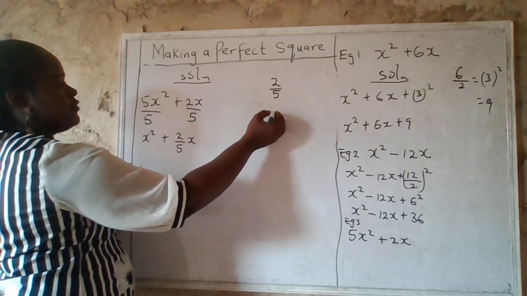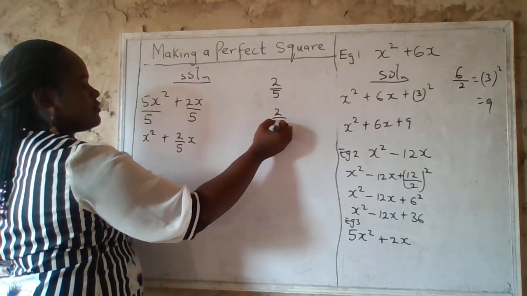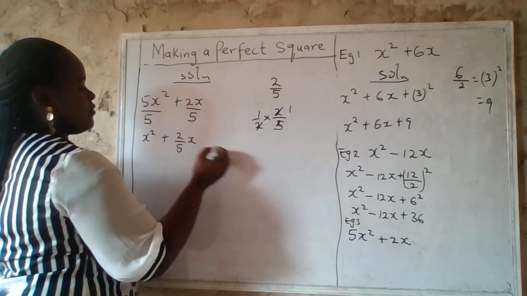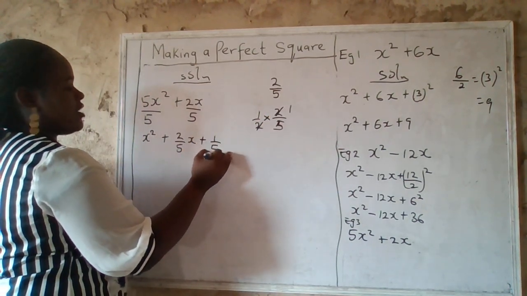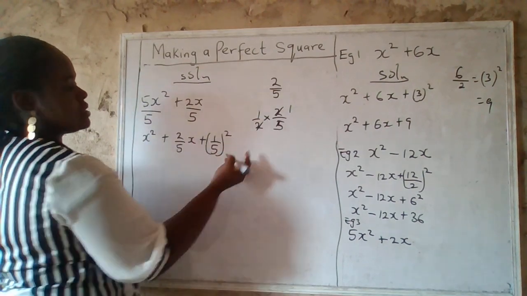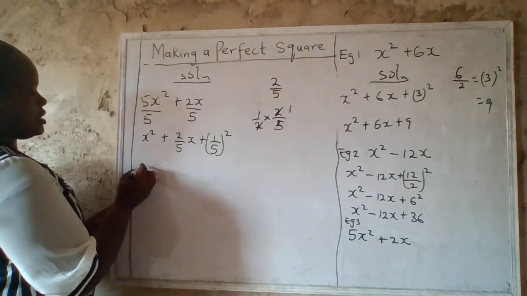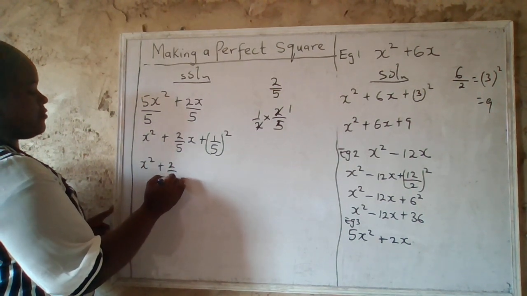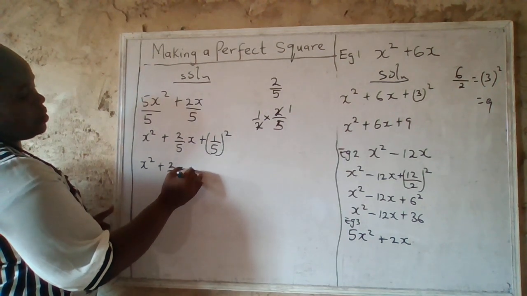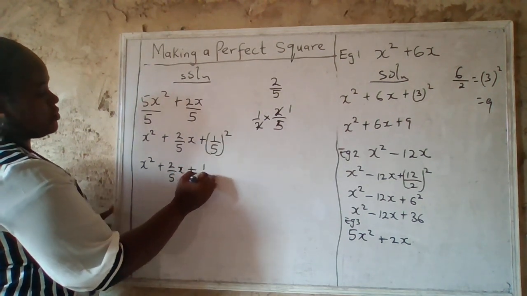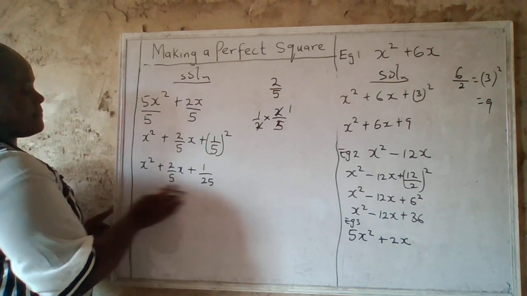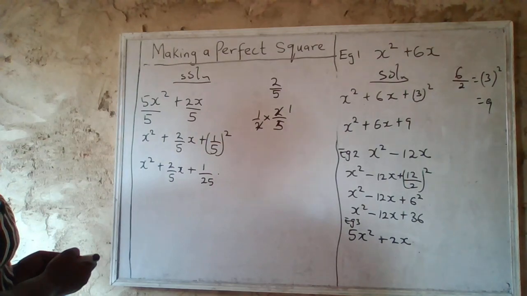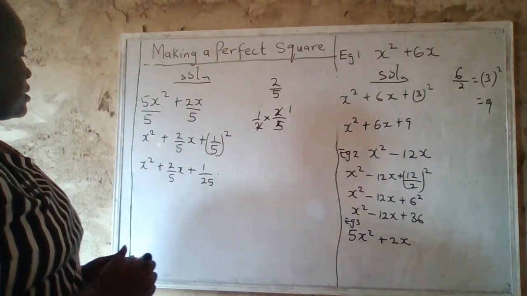So taking half of it, 2 over 5 will give me 1 over 5. And I will square it. And that will give me x squared plus 2 over 5x plus 1 over 25. Now that is it.